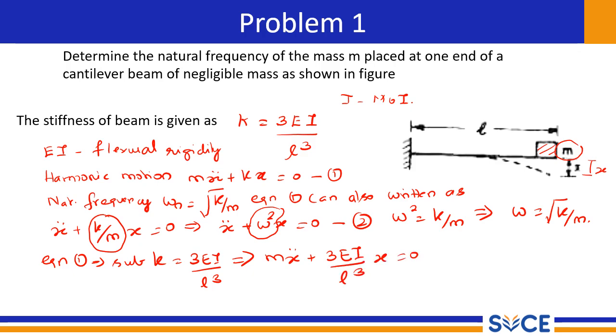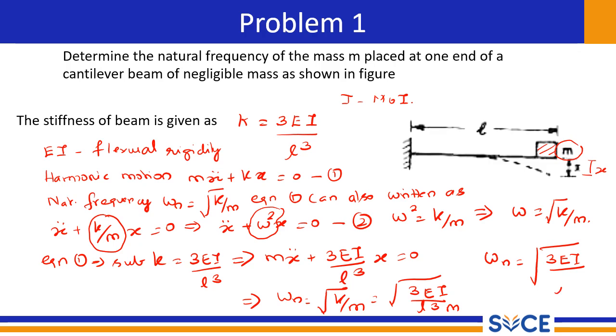Otherwise, simply we can put omega n equal to root of k by m, is it not? So, root of 3EI divided by L cube, and mass will come into the picture. So, for this given beam, natural frequency is root of 3EI divided by m L cube.